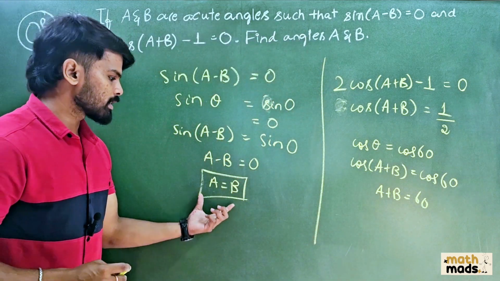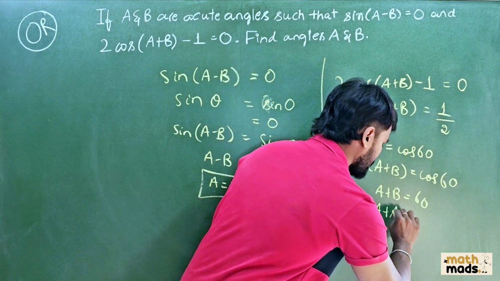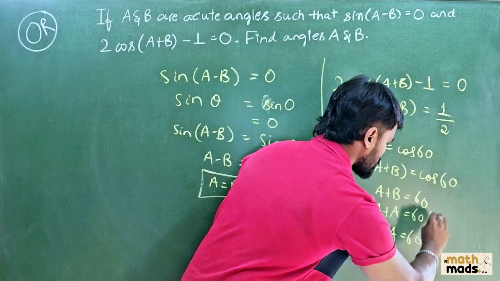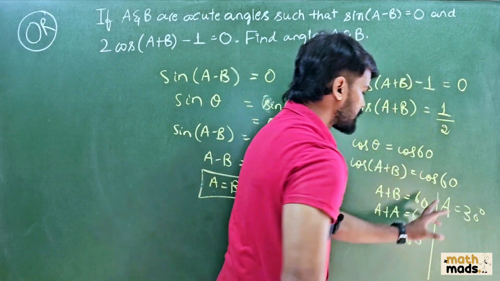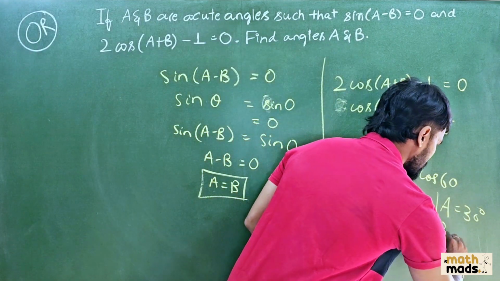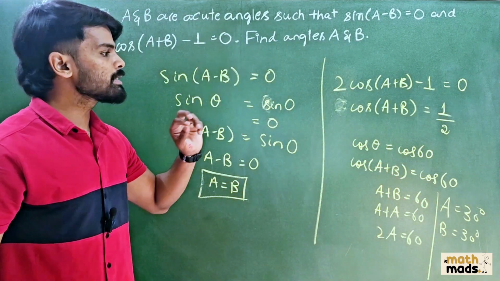We'll take the help of this. A and B are two equal angles. So, in place of B, I just write A is equal to 60. 2A is equal to 60. So, the value of A is 30 degrees. Right? If A is 30 degrees, what is the value of B? B is also 30 degrees. So, A and B both are equal to 30 degrees. You have found the angles A and B.